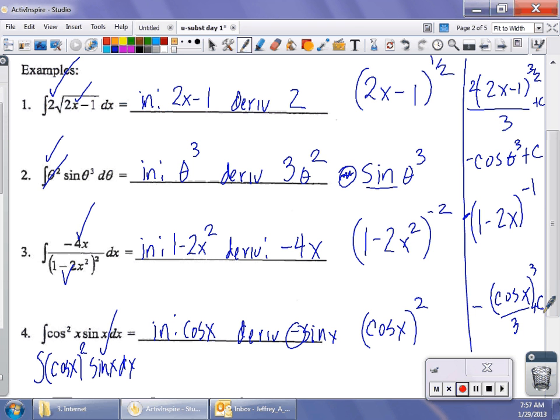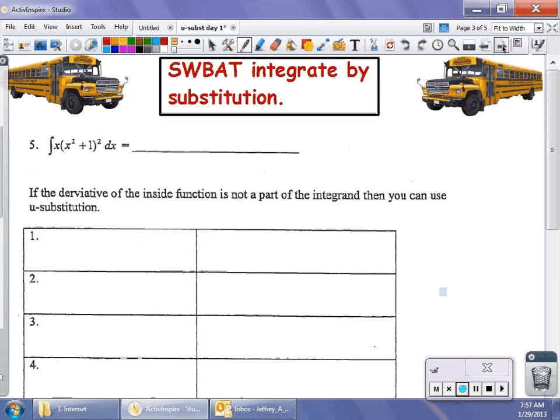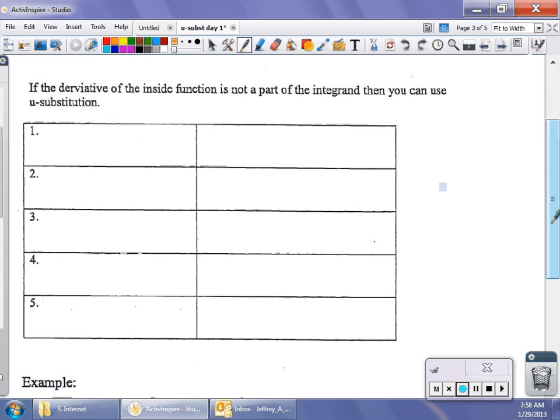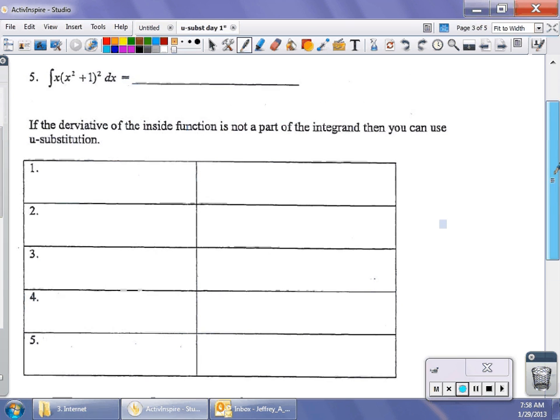without using substitution. All right, so the last thing I'm going to do in this video is walk you through how to do the process using U substitution, which I find many students prefer to what I was just showing you. So if the derivative of the inside function is not part of the integrand, you can use U substitution.